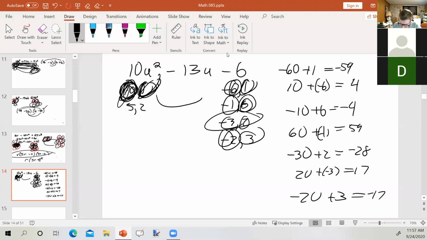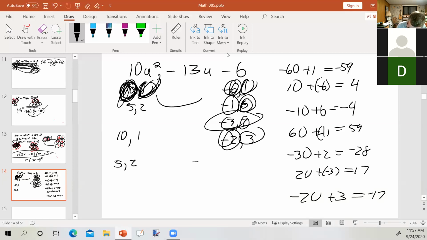And then 10 times negative 2. Oh, no. I just feel like I missed one there. Let's see, I did the 10 and the negative 6. You know what? Part of the problem is I can't even read my numbers anymore because they're so messy.